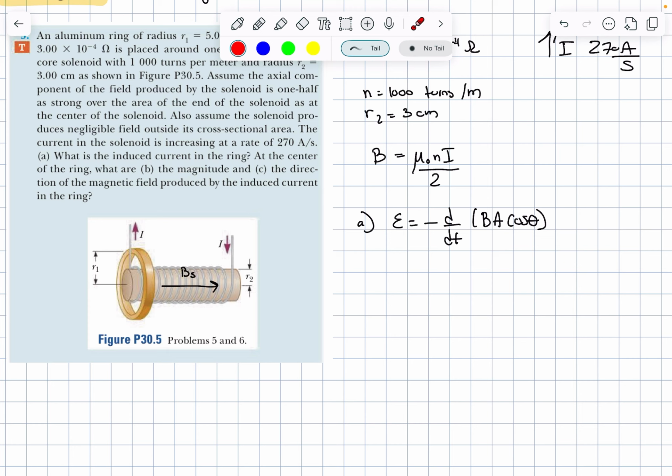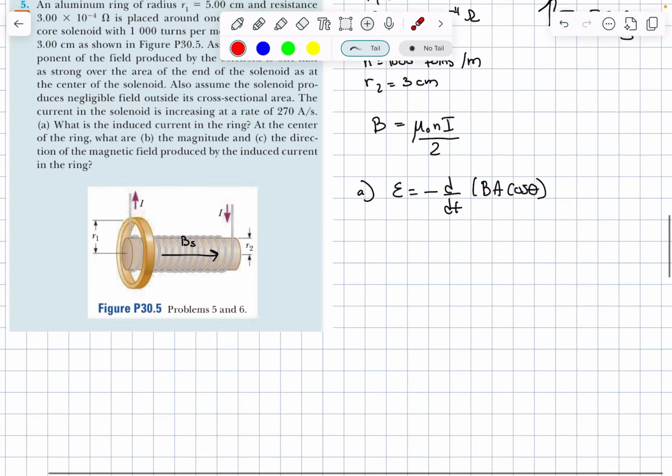And we know here that theta is the angle between B and A, where A is the area vector pointing in the same direction as B. So that cosine is going to go away. We know what B is. It comes from the solenoid, and the area is just going to be the area here. At least that's what it normally would be.